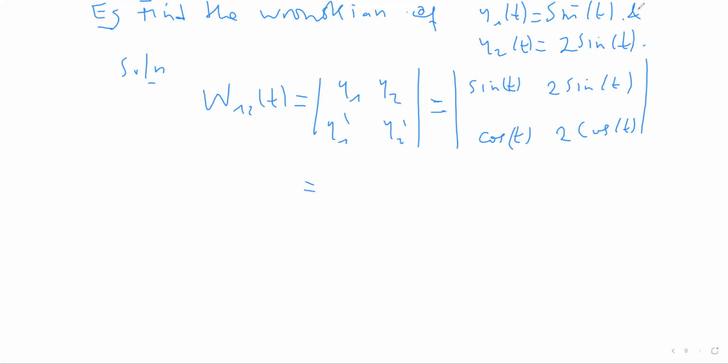To find the determinant, then we have sine of t times 2 cos of t, minus cos of t times 2 sine of t.